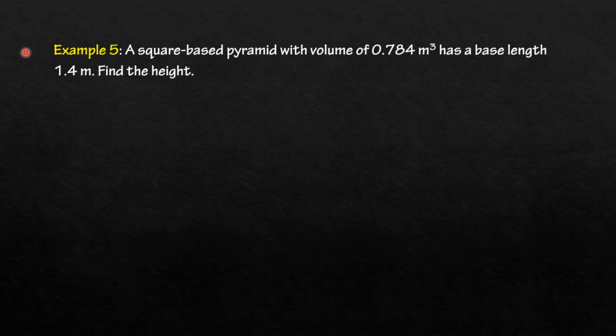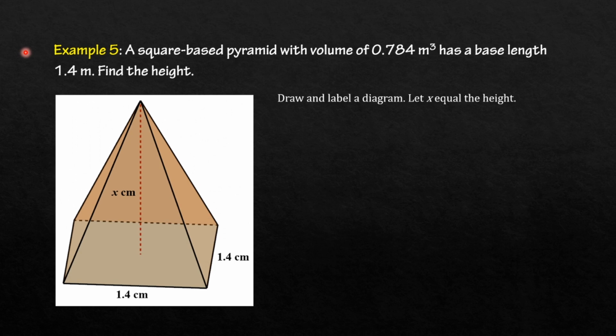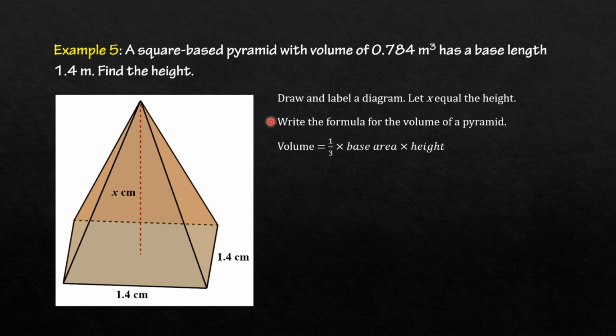The last example, a square base pyramid with volume 0.784 cubic meters has a base length 1.4 meters. Find the height. Again, draw your diagram. Label X as the height. We know the base dimensions already. Write the formula again for the volume, which is 1/3 base area times height.